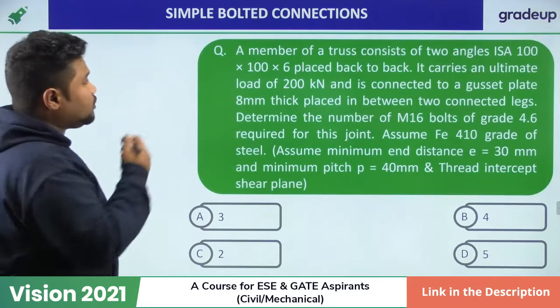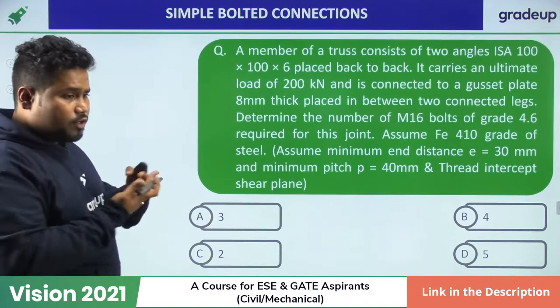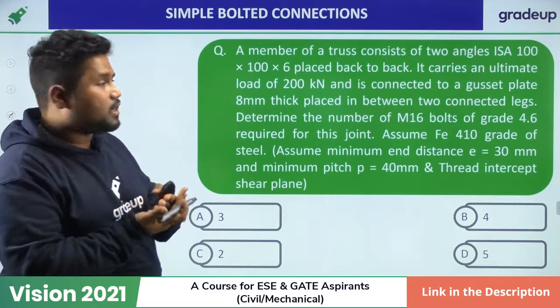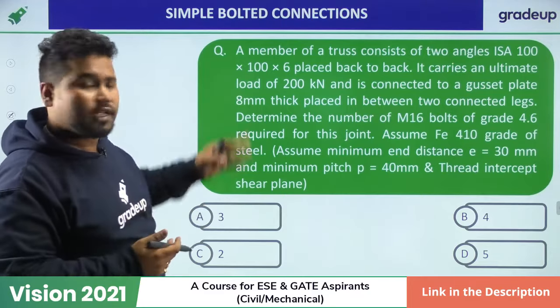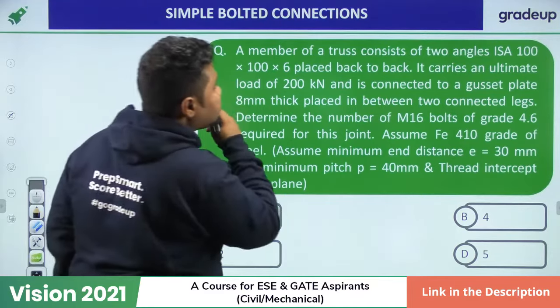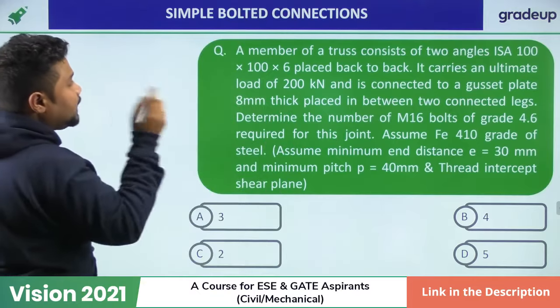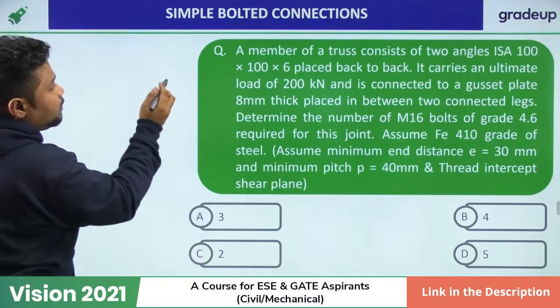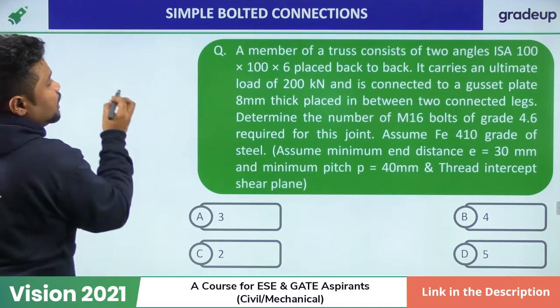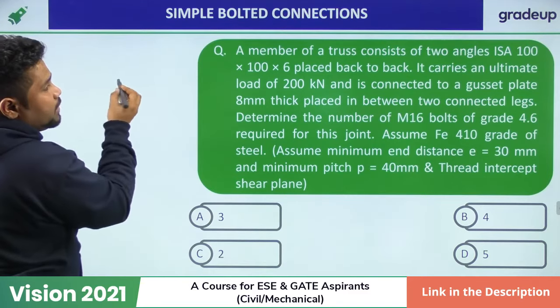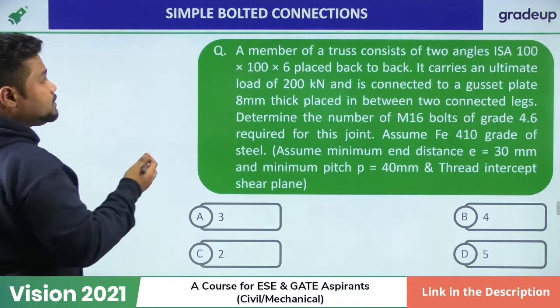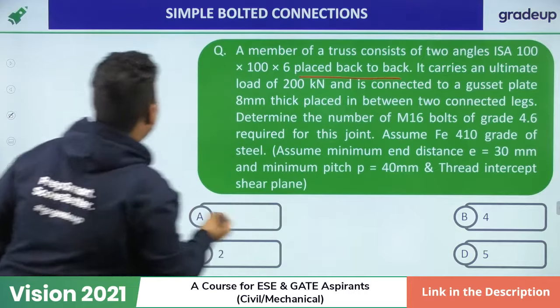Now, next question. In your previous question you saw only single shear. Now in this question you can observe double shear, right? A member of a truss consists of two angles, ISA 100 by 100 by 6, placed back to back.